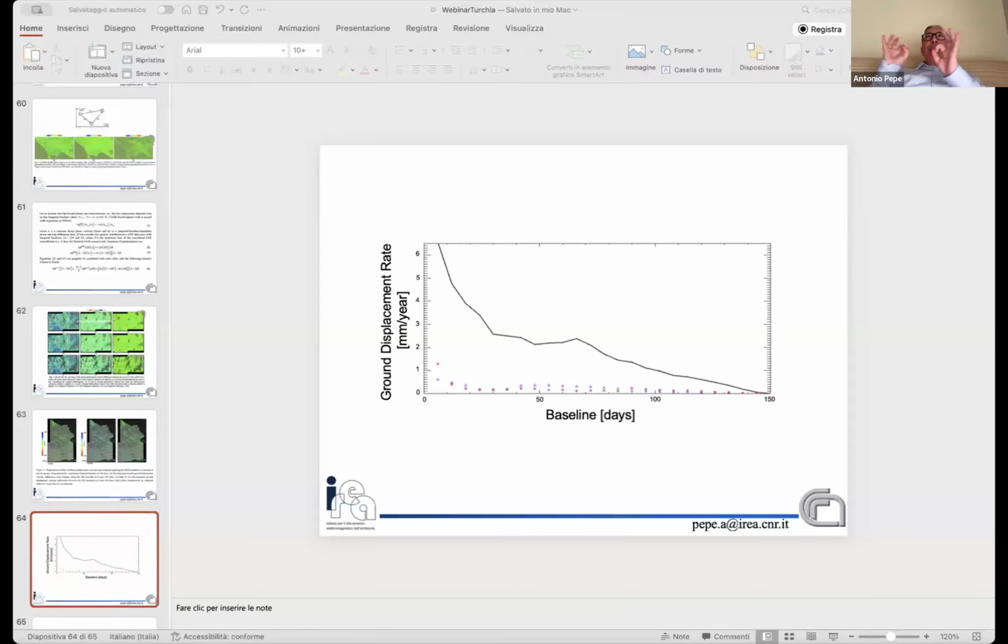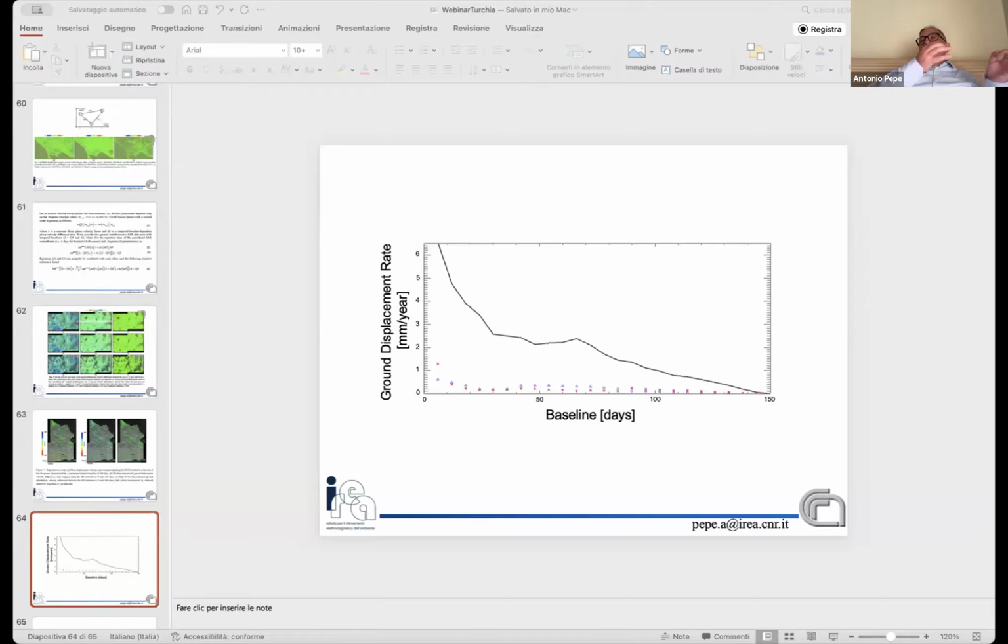SBAS, the basic characteristic of SBAS is the use of small baseline interferograms. So mathematically speaking, the difference between SBAS, SQUEEZAR, and phase triangulation is that we use only small baseline interferograms.